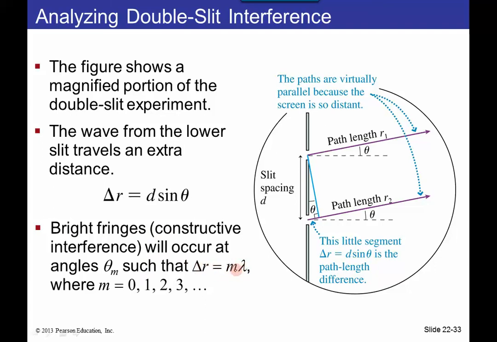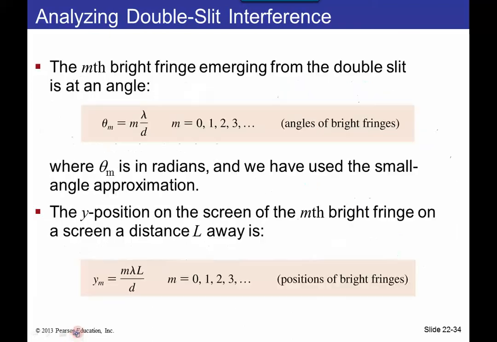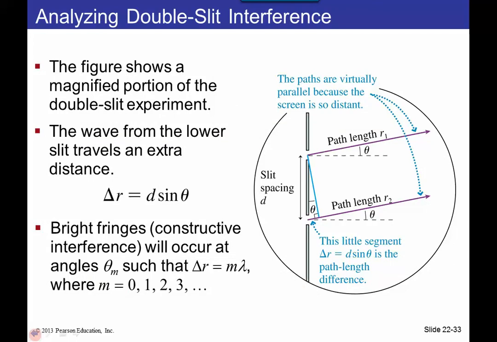Delta r is m times lambda. So we can put that condition into an equation: delta r is equal to m times lambda, and delta r is d sine theta.